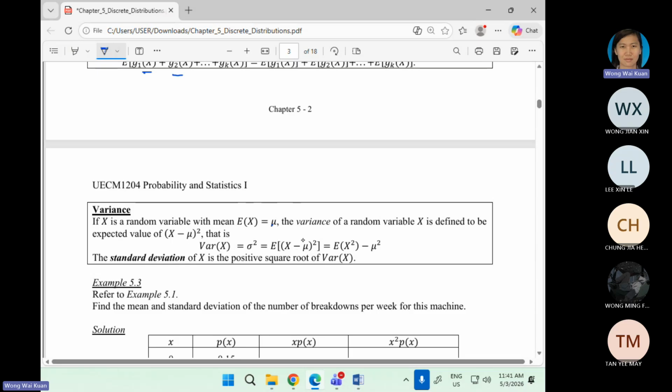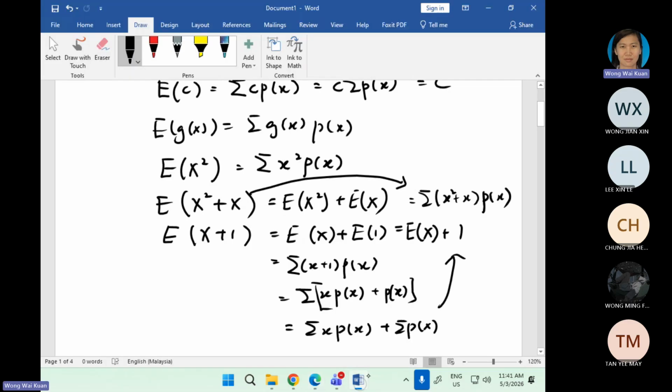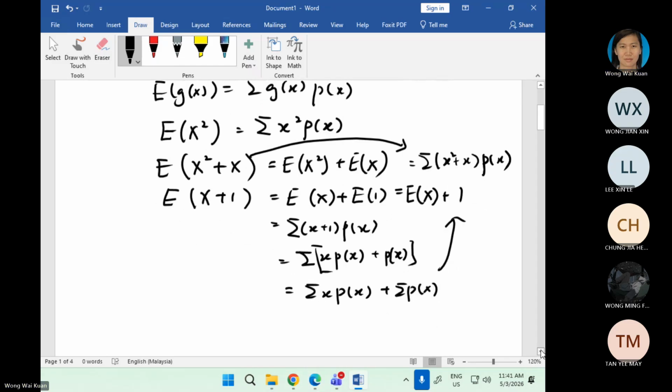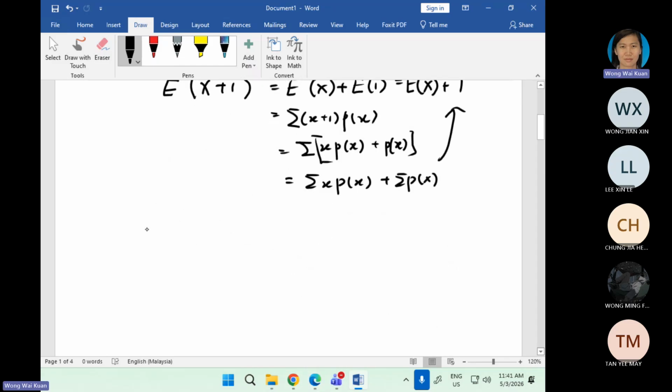This is by definition. Mathematics always has definitions. That means somebody decided and defined this. We define this thing already.